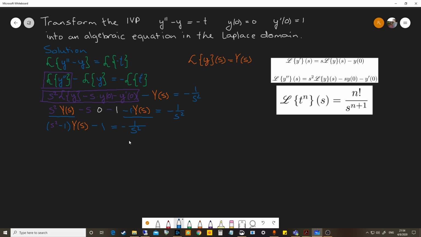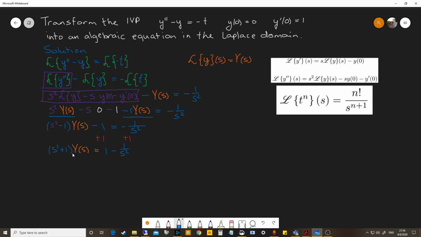So let's go ahead and solve this for Y of s. The first thing we can do, of course, is to add 1 to both sides. And that then gives us s squared minus 1 times Y of s equals 1 minus 1 over s squared.